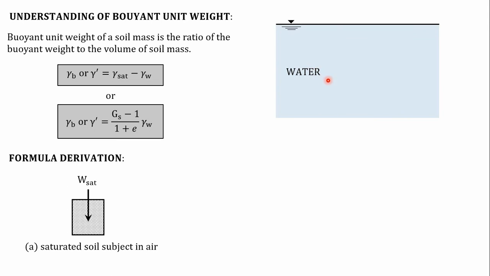There is an experiment like this at the DPWH, on how to calculate the buoyant weight once submerged in water or mercury or other liquids. The concept is this: for example, I weigh 50 kilograms in air.